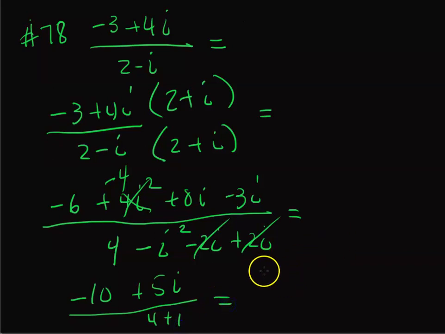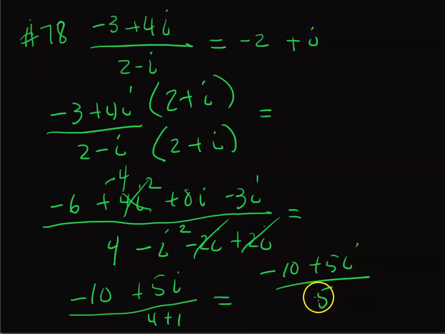So now we got negative 10 plus 5i over 5. Remember, when you divide, you have to divide everybody by the same thing. If that doesn't work, you can't do this. Divide negative 10 by 5, we get negative 2. Divide 5 by 5, we get positive 1i. And divide this 5 by 5, we get positive 1. So it is really just negative 2 plus i.